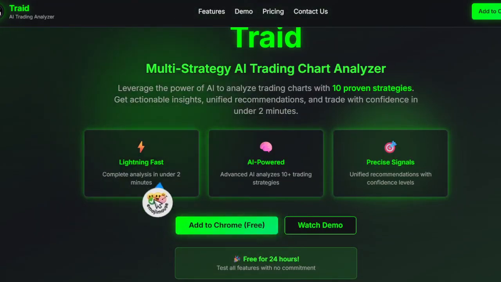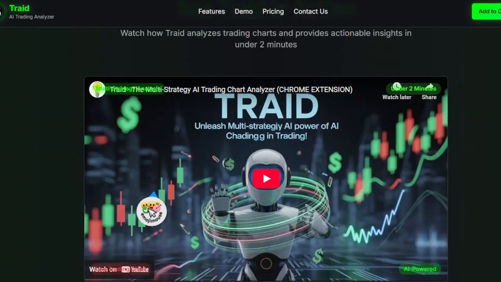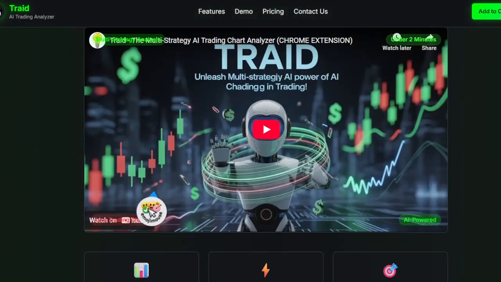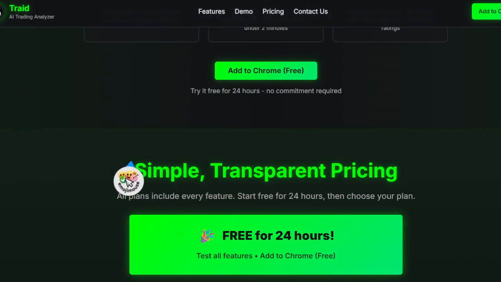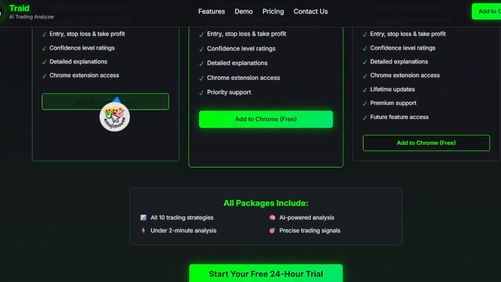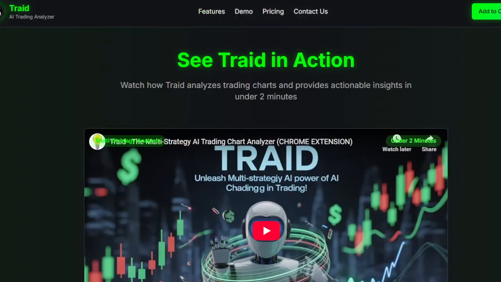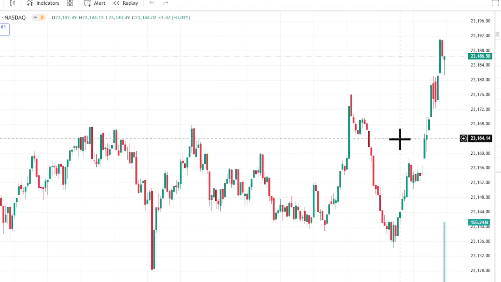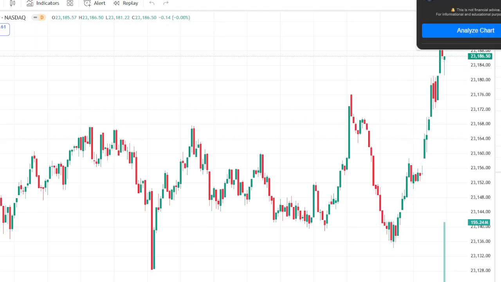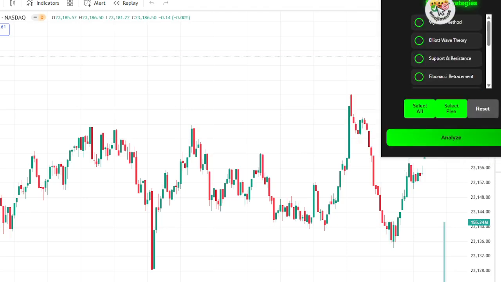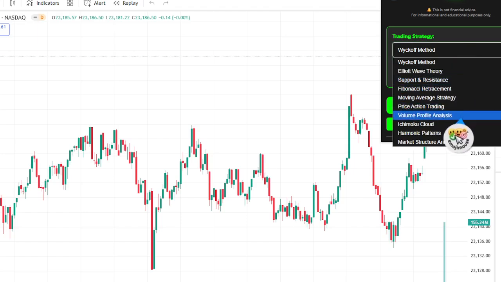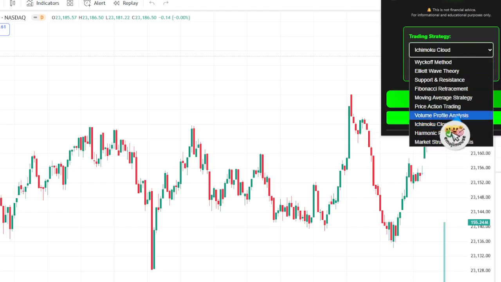So, wrapping this up then, we've gone through what Trade is, how it works, the strategies, the pricing. What does this all mean? If you're listening, what's the bigger takeaway here? Well, connecting it to the bigger picture, tools like Trade, I think, represent a pretty significant potential shift for individual traders. Having AI that can quickly synthesize insights from multiple complex strategies really could democratize access to a level of analysis that used to be reserved for pros or people with a lot of time and resources.